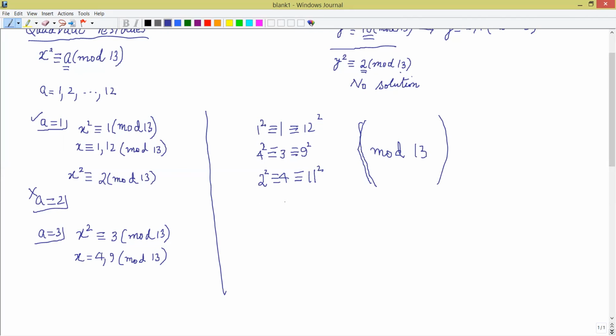Then 5 is not a quadratic residue, 6 is not a quadratic residue.